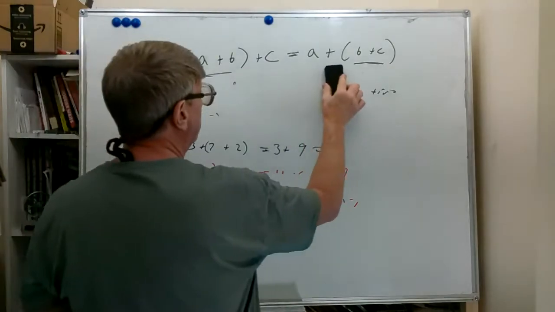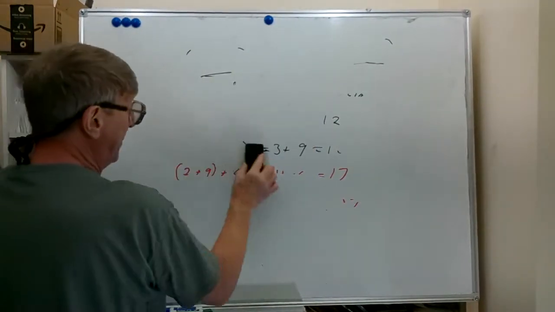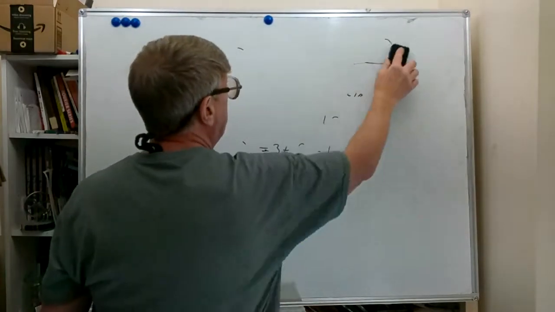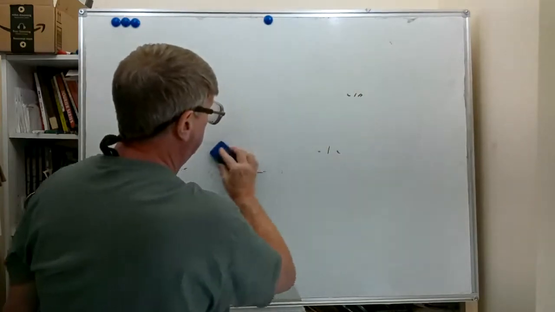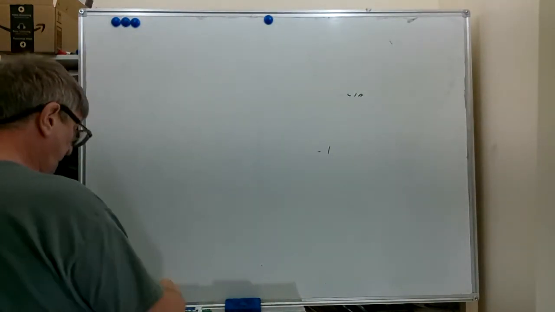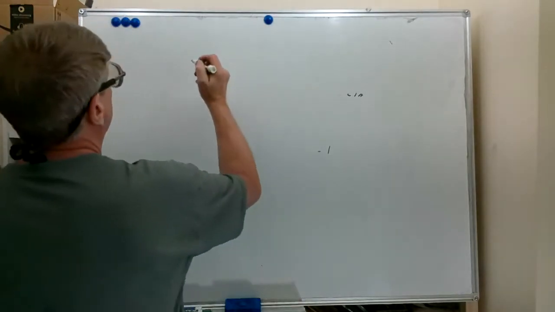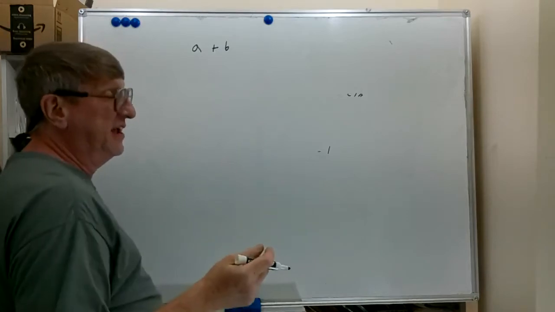And multiplication is also associative. So we use basically the same variables, A, B, and C, just like we had originally. And remember, a variable is just a container for a number.